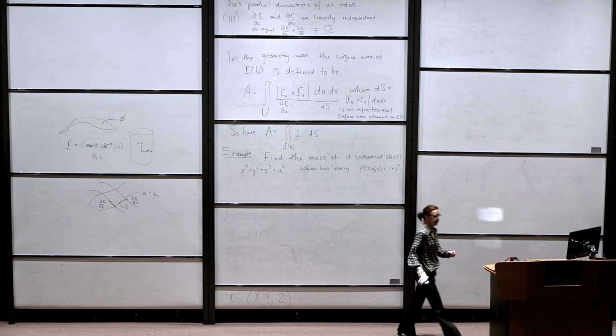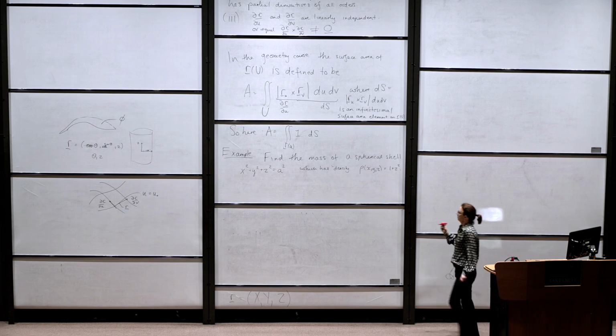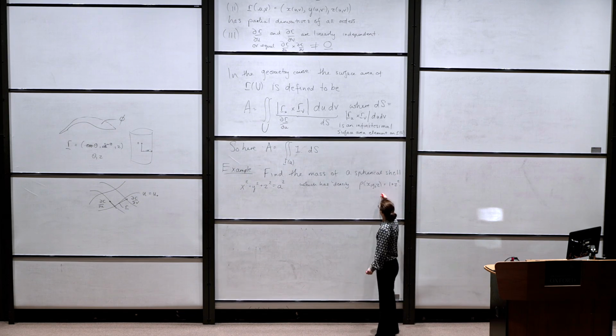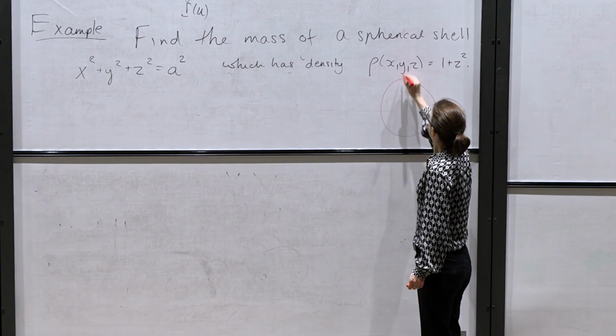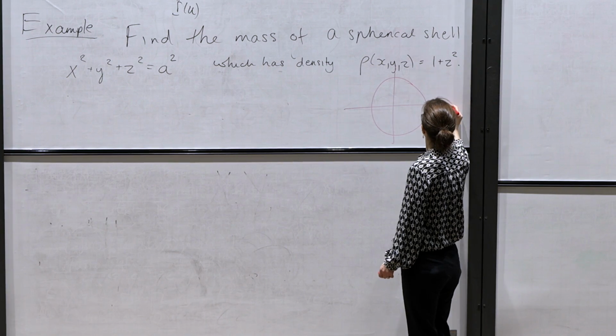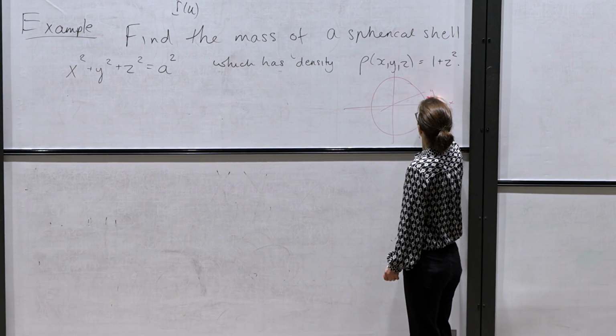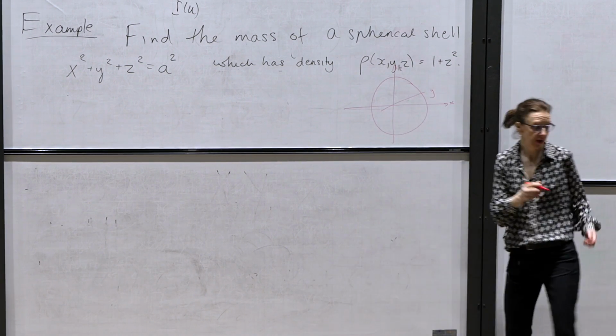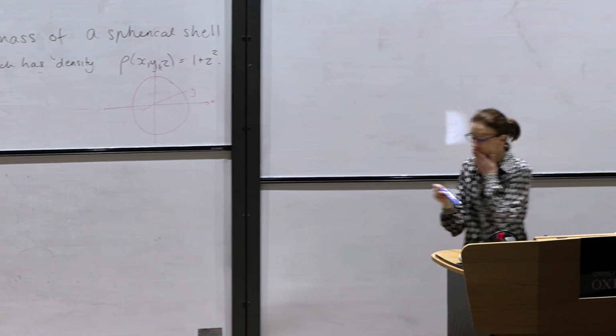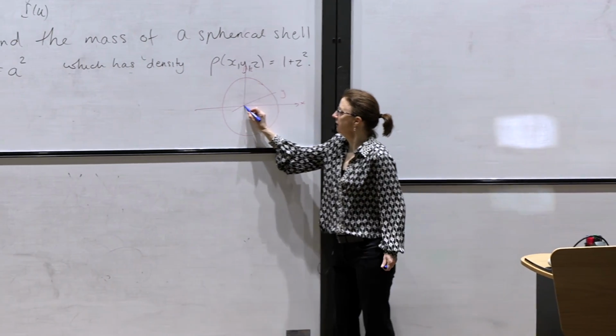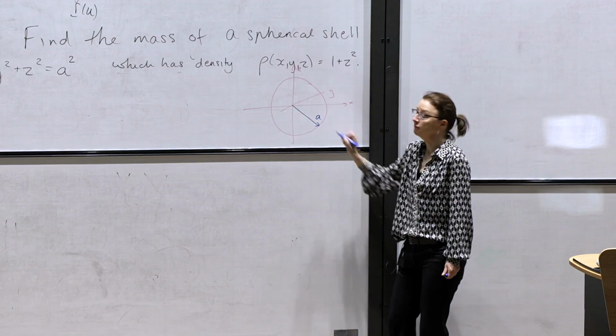Okay, so we have a sphere of radius a. So in Cartesians, x, y, z. So here's my sphere of radius a. It doesn't look like it, but that's what I'm intending.